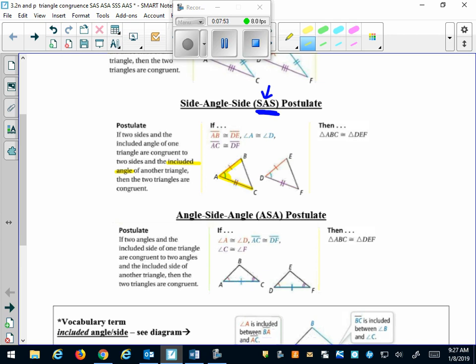If I lock you into those pieces of information, there is only one way to connect that triangle. So if you do it on your desk and somebody else does it on their desk, your triangles will be congruent because of SAS. Does that make sense? Okay.